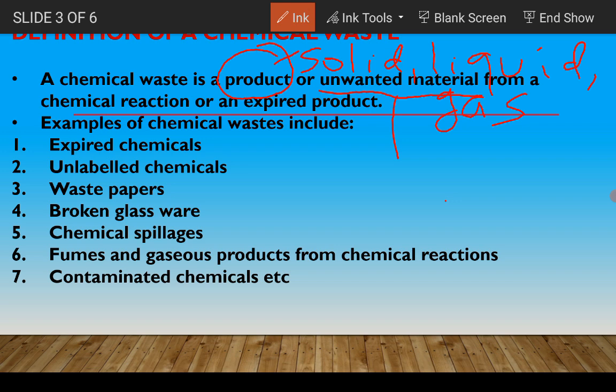An expired product is also considered to be waste, so we are saying this is not required in the subsequent lessons or activities. All right, so we are saying that an expired product can also be considered to be waste, okay?